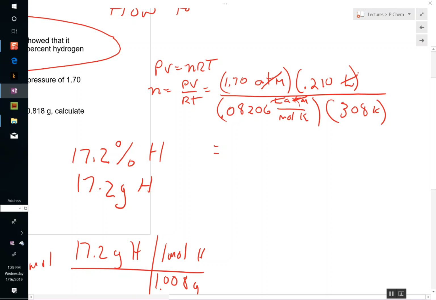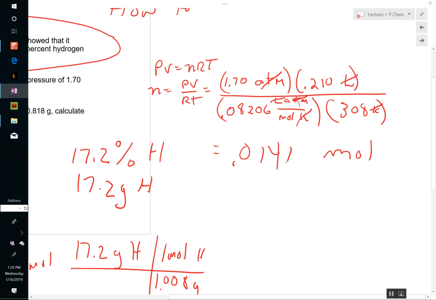Our liters are crossing out here. Kelvin is crossing out here. And we end up with a unit of 1 over mole. So we know that we're getting the right unit. We've got a 1 in the numerator and 1 over mole in the denominator, and invert and multiply, the unit comes out as moles. What do you get?